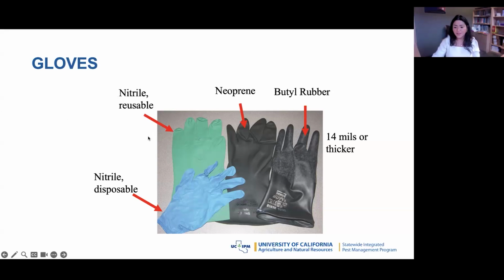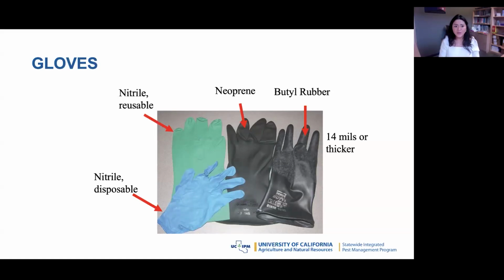Typically on a pesticide application happening at a home, if it's a ready-to-use product, you're going to have access to a nitrile glove that is 14 mils or thicker. Those materials are going to ensure that no chemical trespasses that material, and therefore your skin is going to be completely protected.